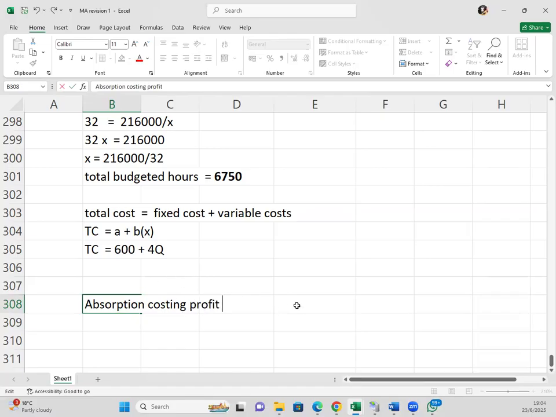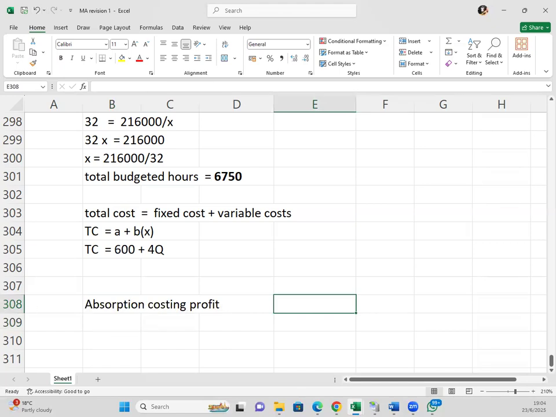For absorption costing profit, how much was it? 72,000. Since the inventory is rising, what does this mean? It means that absorption costing reports a higher profit.